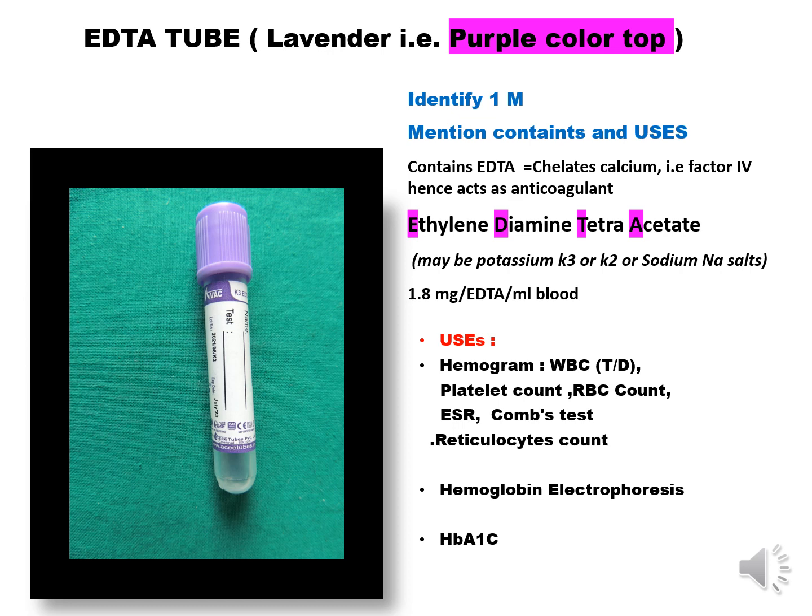For reticulocyte count also we use the EDTA tube. For hemoglobin electrophoresis, an EDTA vacutainer is taken. It is also used for the HbA1c investigation, which is a parameter for control of diabetic patients.